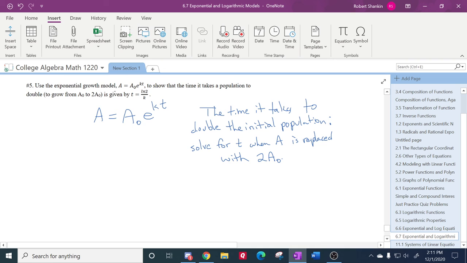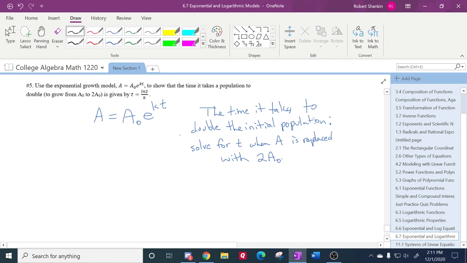So I'm going to go over to here. And when I see the A, I'm going to put 2A0. And now I'm going to solve this for k.